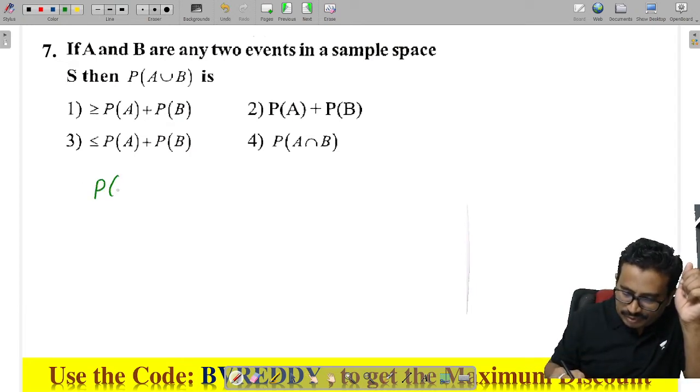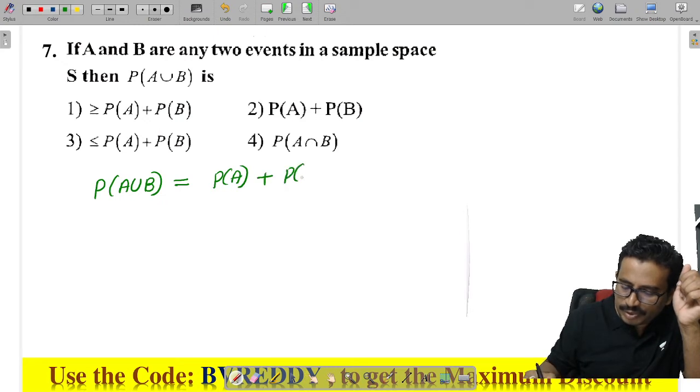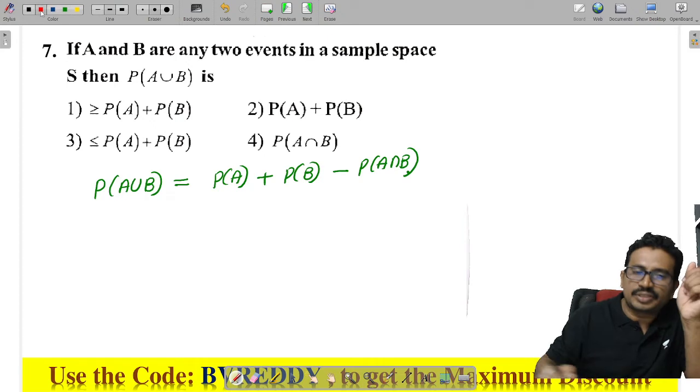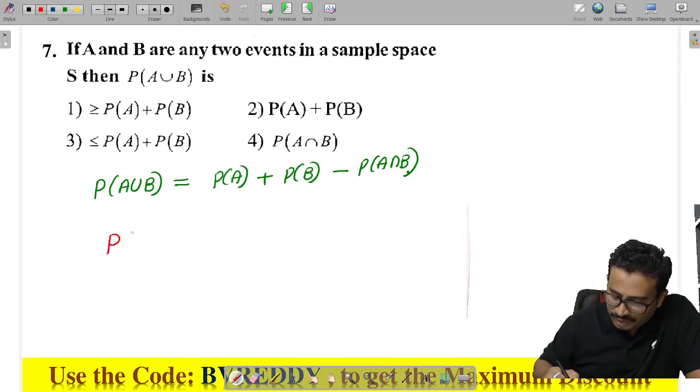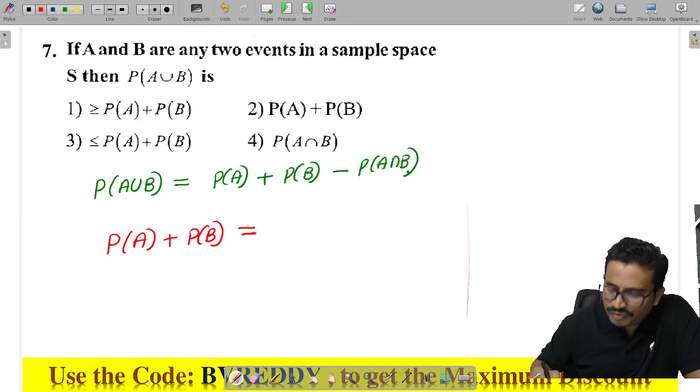As we know, P of A union B is equal to P of A plus P of B minus P of A intersection B. Now if we see carefully, P of A plus P of B, the sum of these two, is equal to P of A union B plus P of A intersection B.